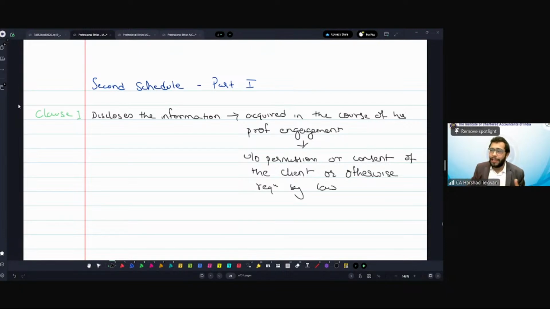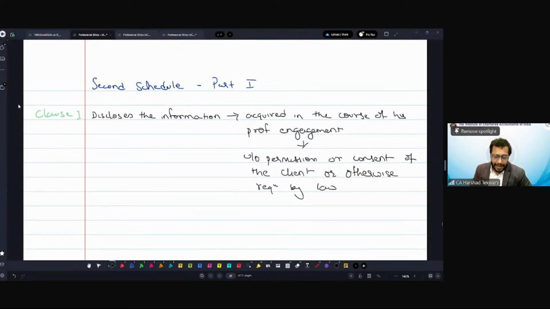So where law says you need to disclose, you need to disclose. You don't require permission or consent. But if law doesn't say anything with respect to the requirement of disclosure, and you still go ahead and disclose that information, which you have acquired in the course of professional engagement, without the permission and consent of the client, a kind of breach of confidentiality, in that case clause 1 of Part 1 of the Second Schedule will get attracted.